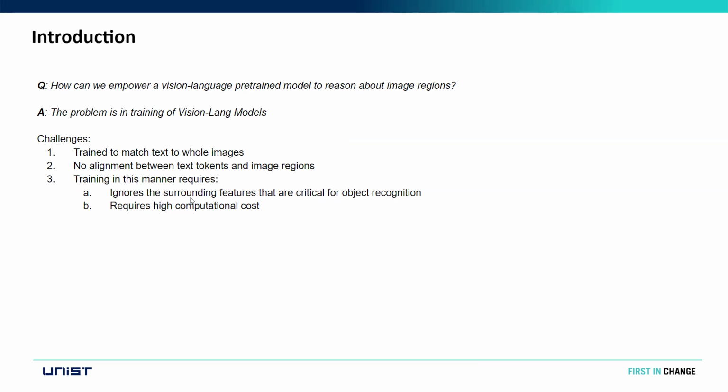While training the CLIP model, usually the model tries to match the text to the whole image, and there is no alignment between the text tokens and the image regions. So they wanted to change this, but there are some challenges.